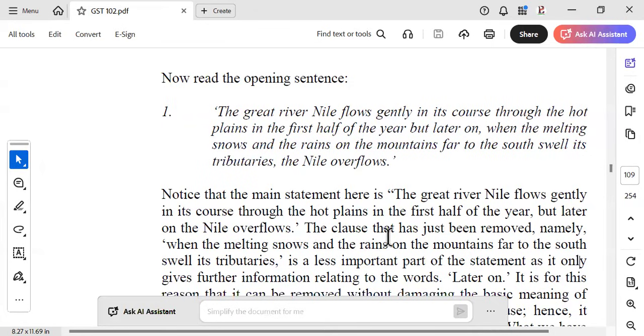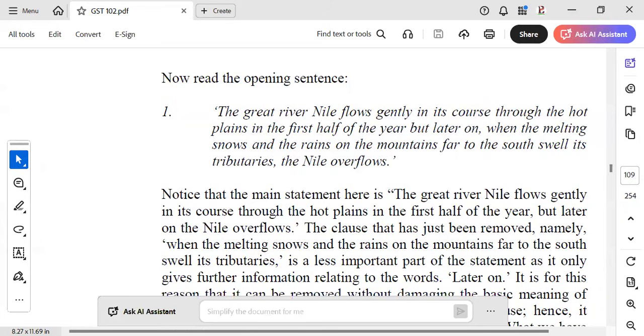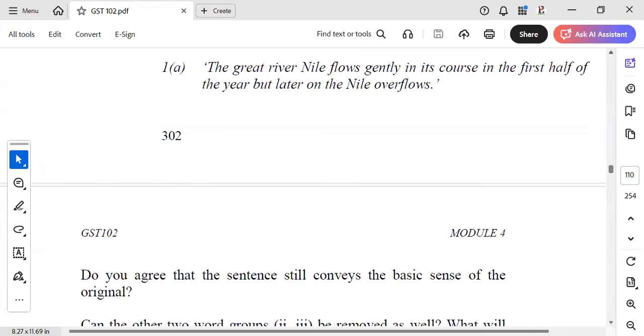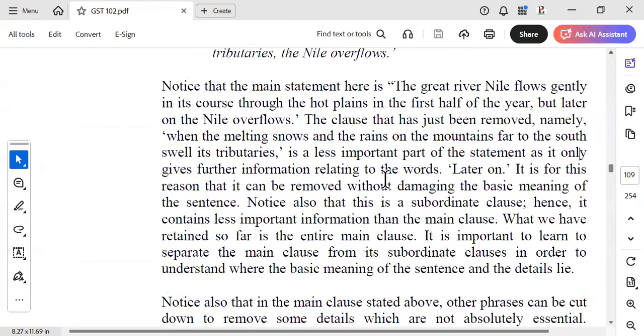Now, the clause that has just been removed, namely, when the mountain snows and the rain on the mountains far to the south swell its tributaries, is a less important part of the statement, as it only gives further information relating to the words later on.